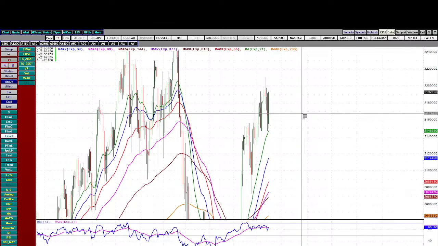Anyone holding any trades here? If you can tell me, then at least I can guide. As of now I'm holding long dollar Swiss, long dollar yen, one short dollar yen, one Nasdaq short and one Dow Jones short, one each.